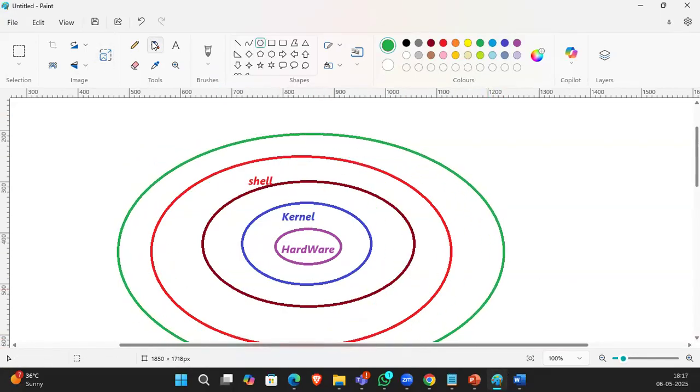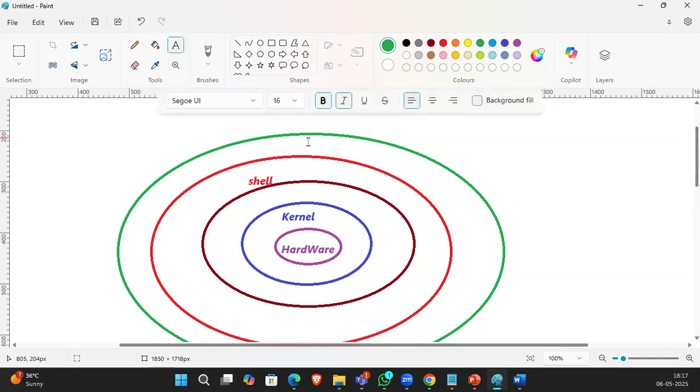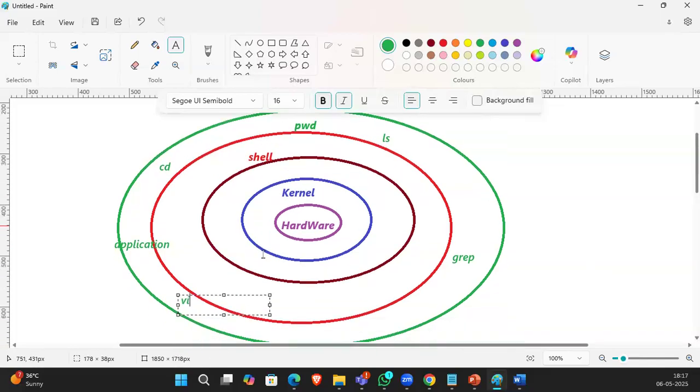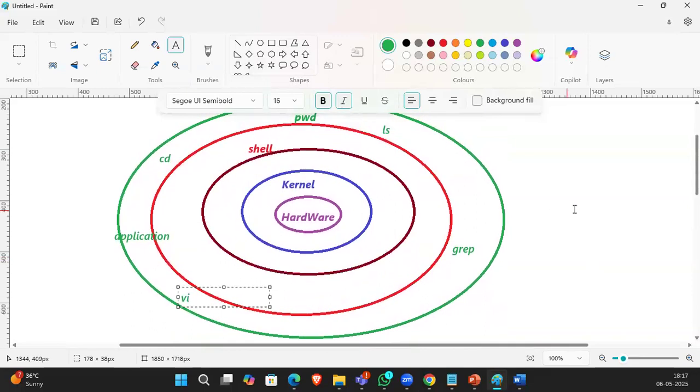Here, pwd, ls. All the commands will be executed in the shell. Something like an application, grep, start. The cd command, vi command, all these commands will be executed under the shell prompt.